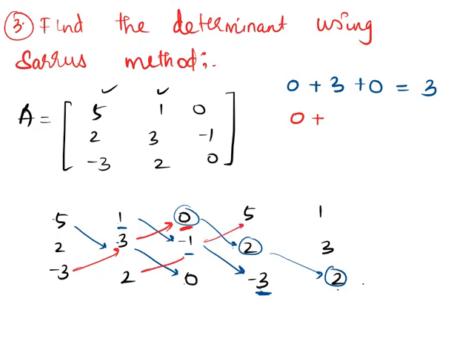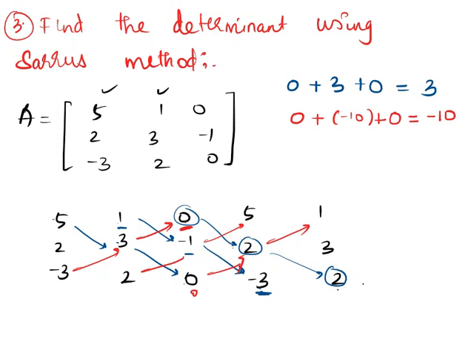So the answer will be what? Minus 10. Then 0 into 2 into 1. Anyway, you are having a 0 over here. So 0 multiplied with any kind of numbers, you will again get 0. So adding it all together, you will get minus 10.